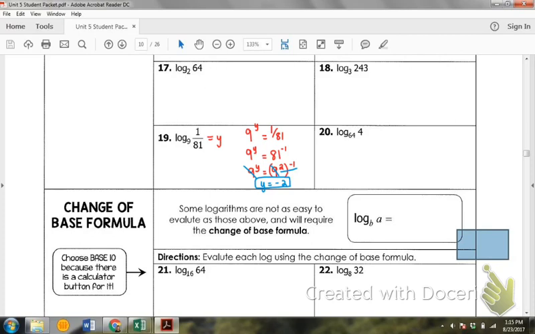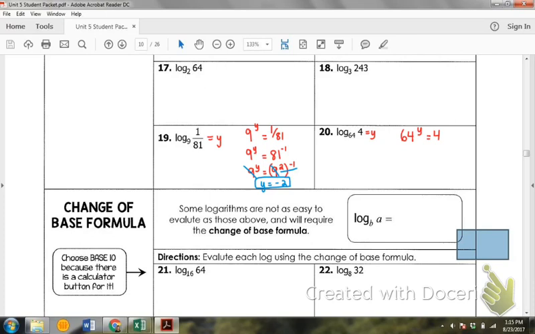All right, let's try 20. First thing we do is set it equal to y. Then we're going to rewrite it in exponential form. 64 to the y power equals 4.